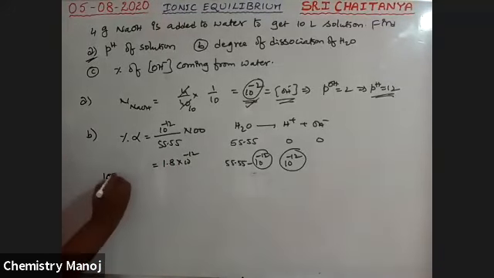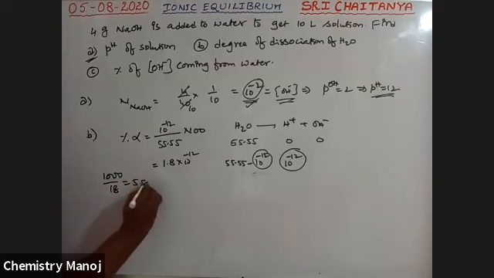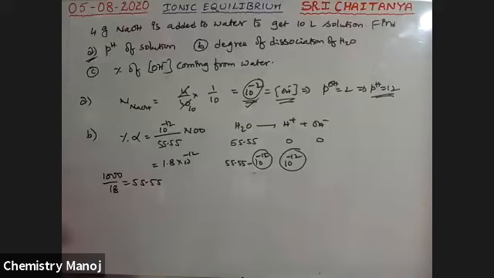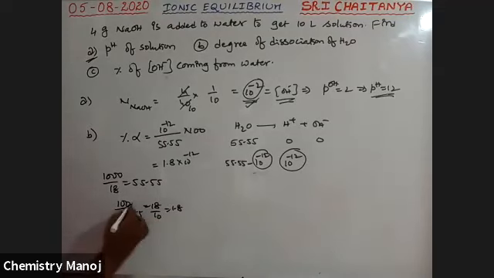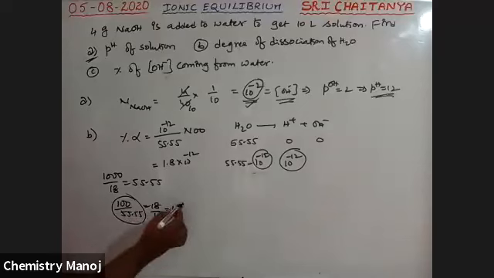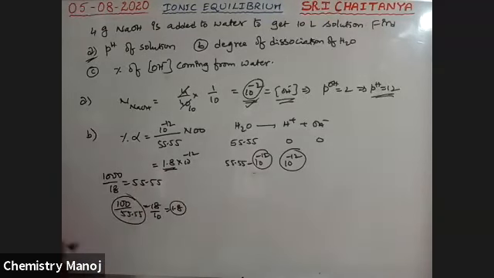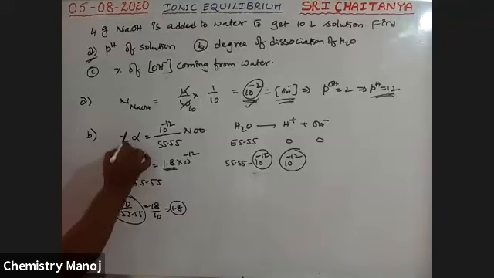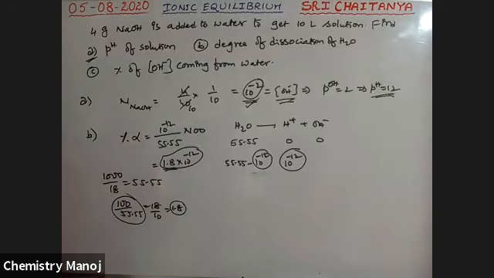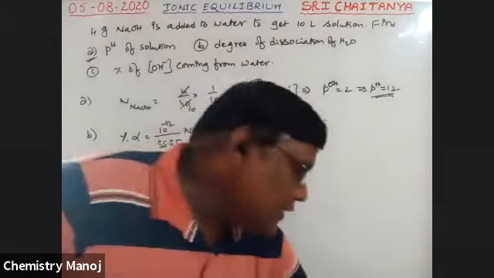Because 1000 by 18 is equal to 55.5, so 100 by 55.5 is equal to 1.8. So this is the way to calculate 1.8. Therefore, percentage of alpha is equal to 1.8 into 10 power minus 12. That much percentage is available.